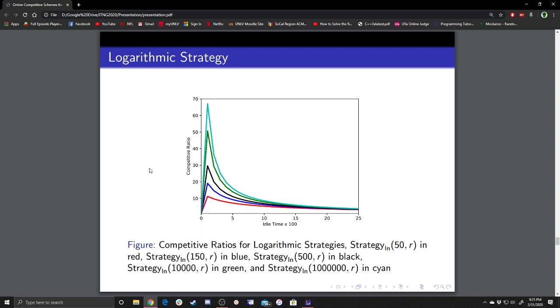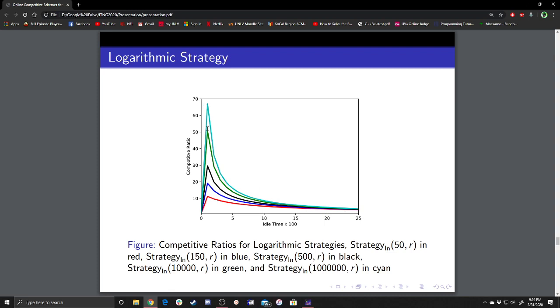For the cyan color, the competitive ratio spikes to a very large level, then tapers to a lower level, so the competitive ratios get smaller over time. I don't have the entire spectrum, I could have gone further, but I wanted this picture to look nice. Essentially, as the idle times increase, the competitive ratios decrease. They converge to the same value, but they have this really bad case over here.